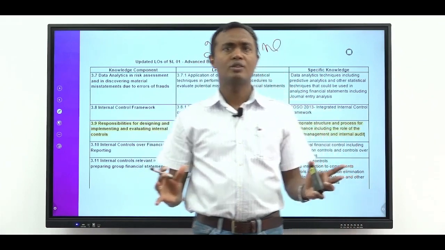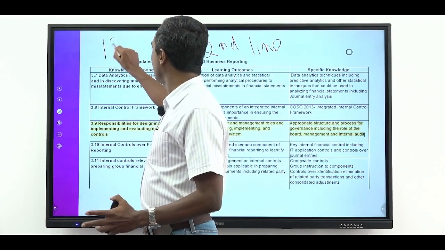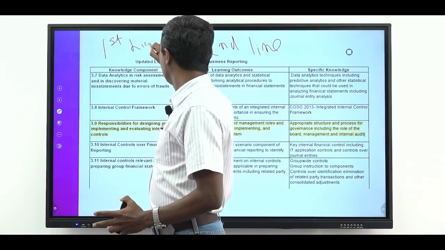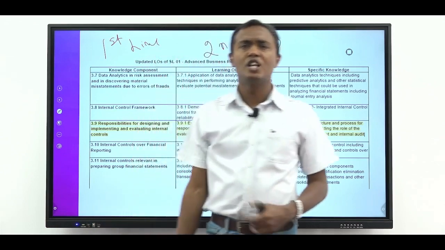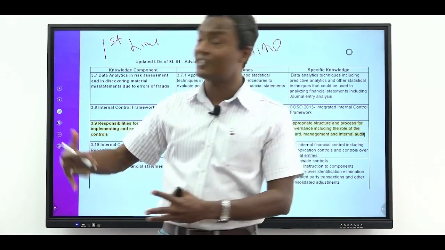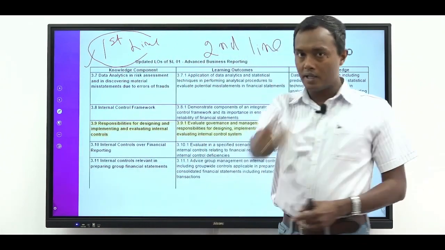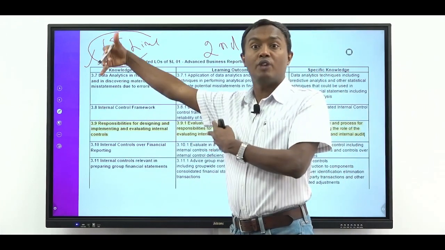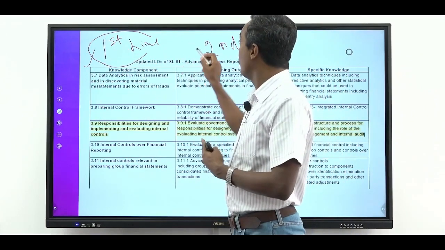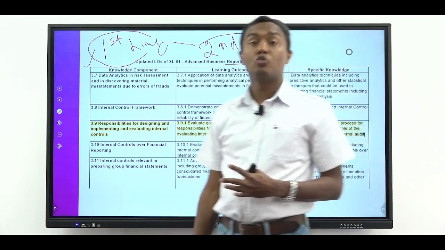You have to check, control is the first line responsibility, right? For example, the production manager has to ensure that the quality testing is done. That's the mode of operational control, but still the first line is that. But at the head office, there is a head of quality who will ensure whether the first line, the quality manager, has done that work.